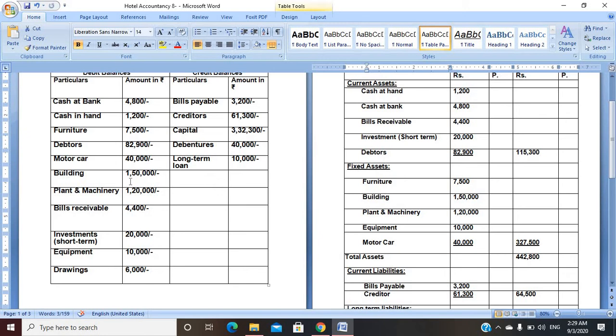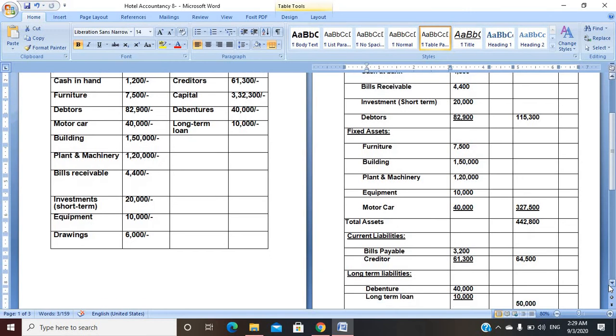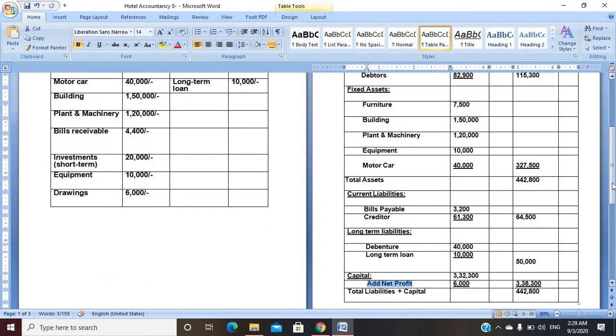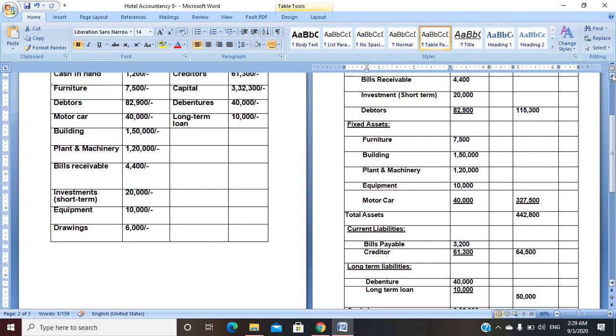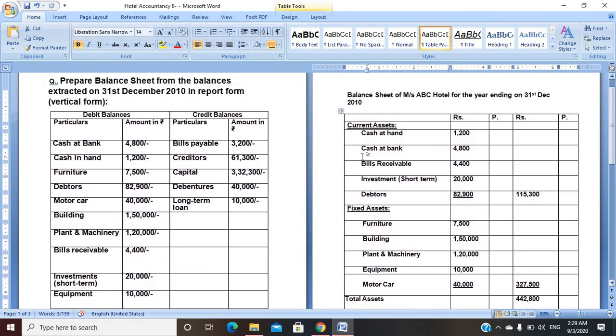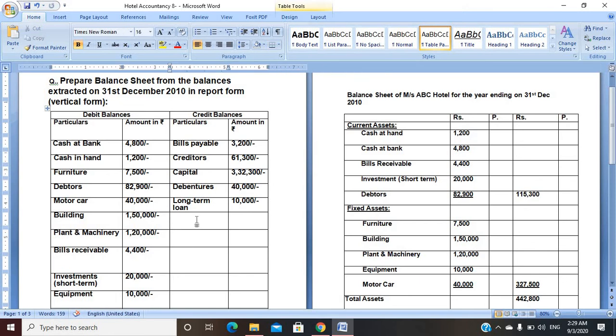So here we have the net profit amount, 6,000 rupees. So I just added that net profit amount.